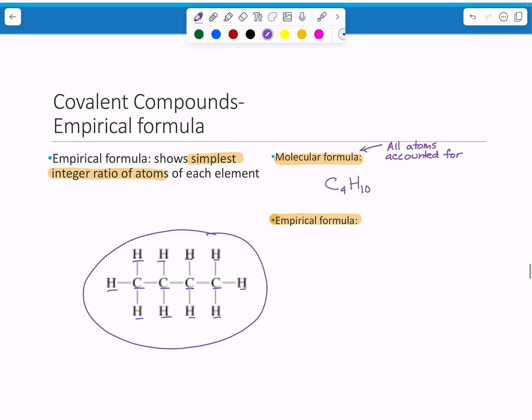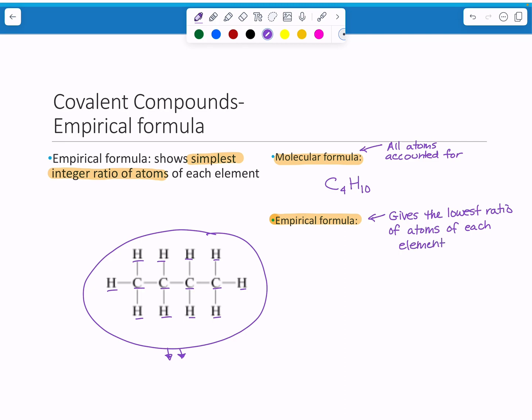If I took all the carbon and weighed it, and took all the hydrogen and weighed it, and came up with the simplest ratio of atoms. So this doesn't account for all atoms. It gives the lowest ratio of atoms of each element.